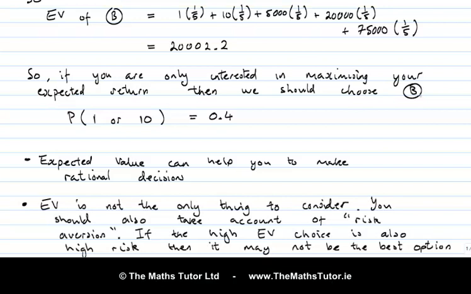On the other hand, it's important to realize that expected value is not the whole story. You also have to take account of what is known as risk aversion. Basically, if the choice which is highest in expected value also has high risk, then it may not be the best option for you. It depends on how averse you are to taking risks.